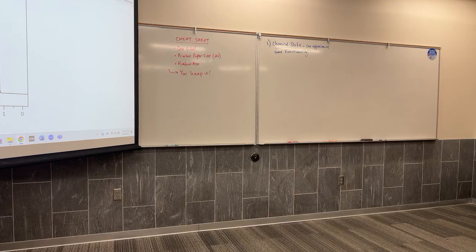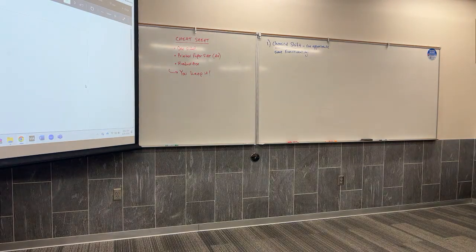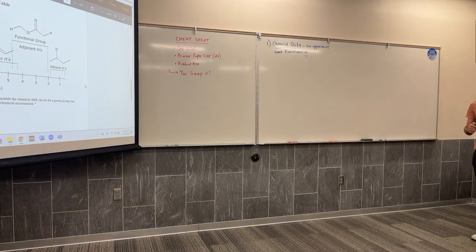So we're basically saying where along the x-axis does a signal appear, and that chemical shift can help us approximate functionality. And I'm saying approximate because some functional groups are actually pretty easy to detect based on their chemical shift. Many functional groups overlap, and yet you can still learn that there is some functionality based on a chemical shift.